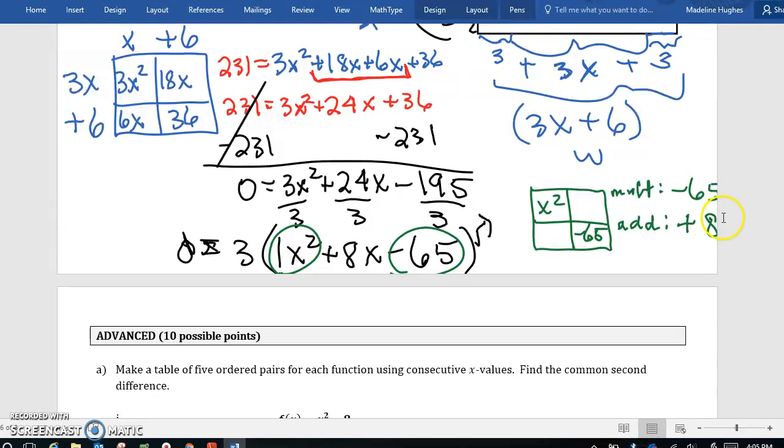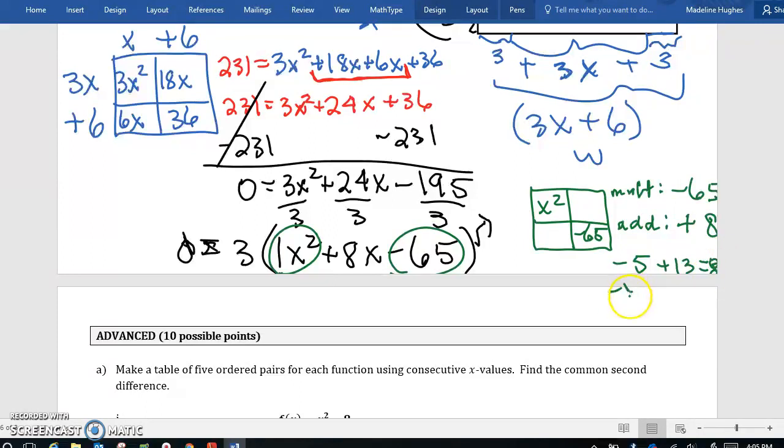So you look up the factors of 65, and I notice on mine that 5 and 13 are factors of 65. So 5 and 13. If I multiply these, one of them has to be negative, one has to be positive. We want a positive 8, so I'll make the larger number positive, the smaller number negative. So if I add those, it gives me the positive 8 that I'm looking for.